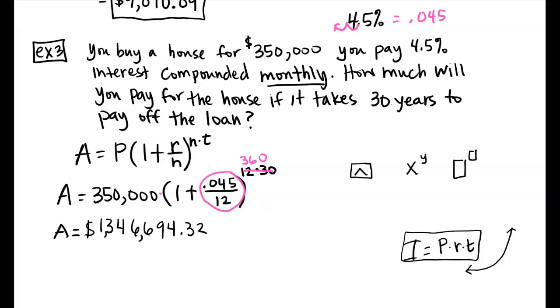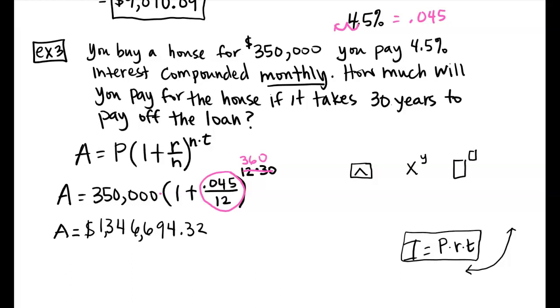Holy crap, look at this. For a house that's worth $350,000, if you always pay the minimum amount on your loan, you're going to be paying over $1 million for that house.